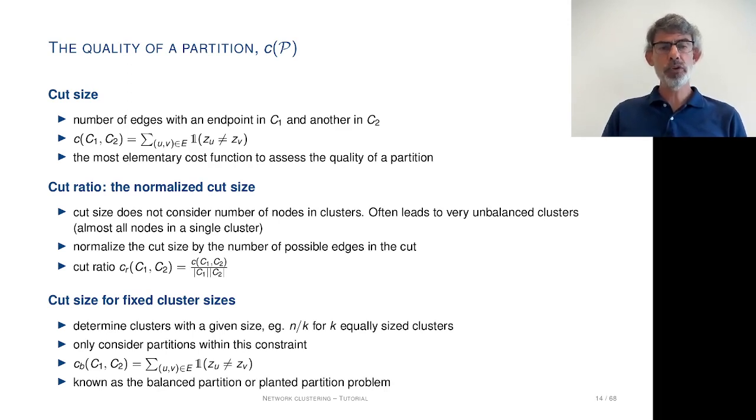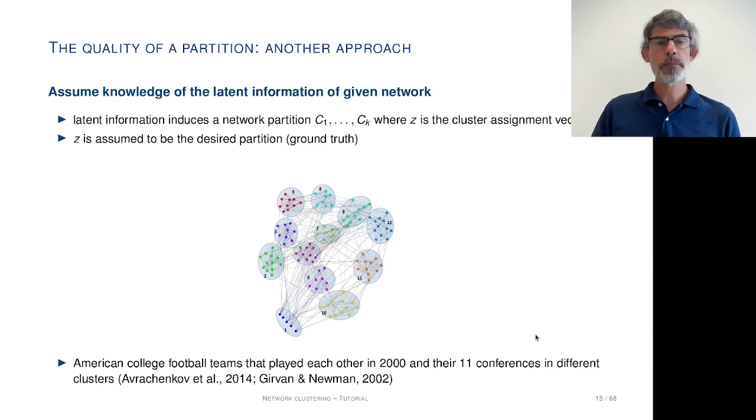So I can now compute the cut size between two partitions, C1 and C2, but I only consider partitions that respect the sizes that I established a priori for my clusters. When the cluster sizes are equal, this problem is known as the balanced partition problem or the planted partition problem, because the clusters have identical sizes.